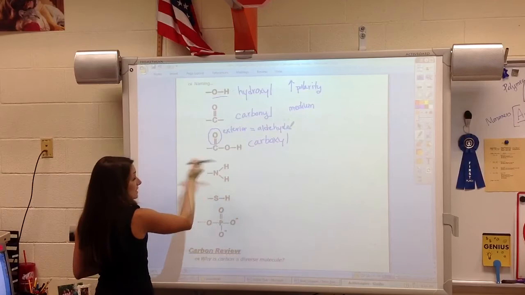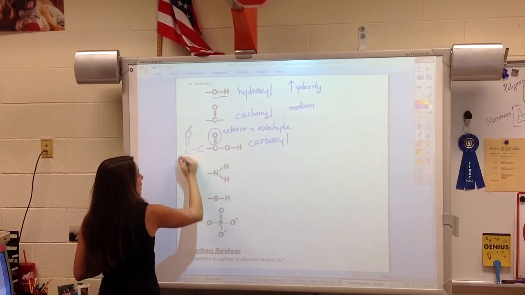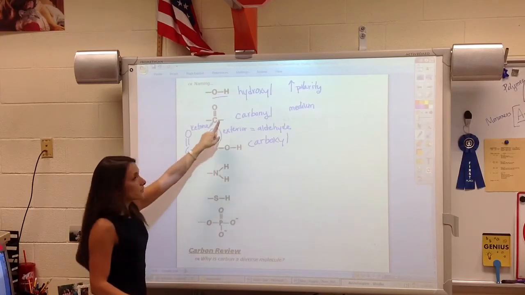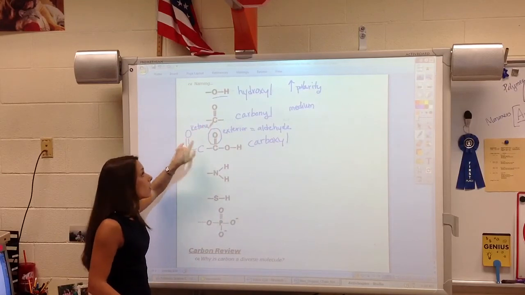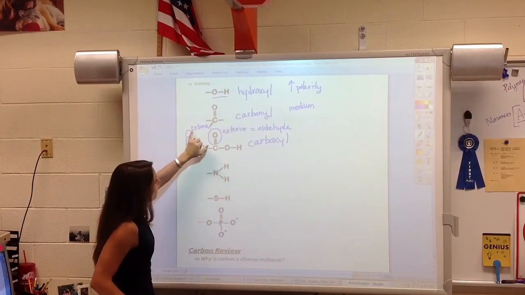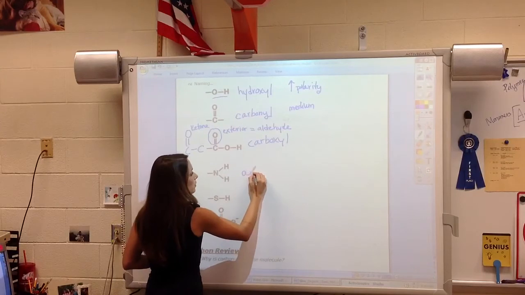If it's buried deeper in on another carbon, then it's called a ketone. And that applies for the carbonyl as well. So if it's on the end or if it's in the middle, we've got aldehyde on the outside and ketone on the inside. This is an amine group.